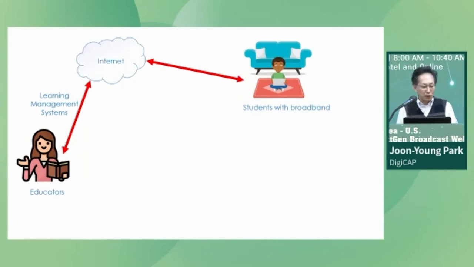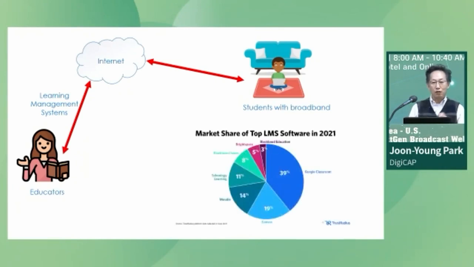This is the typical use case, or usage scenario, for the distance learning application. As you can see, the teachers and educators on the left side post the learning material, like homework, data files, and video files, to what we call a learning management system. It's a kind of cloud system.